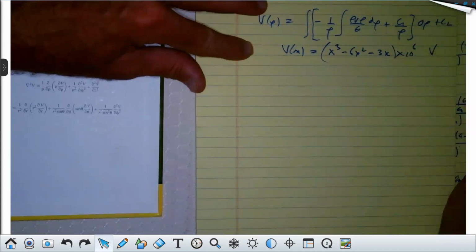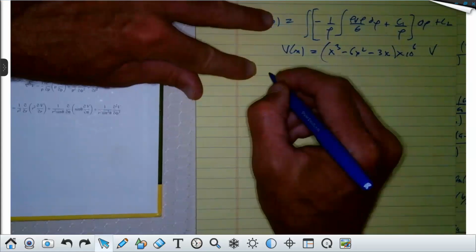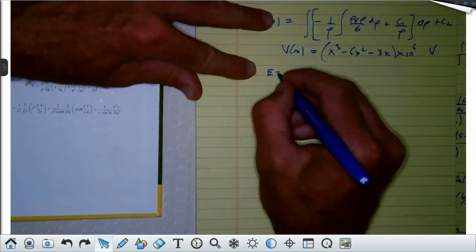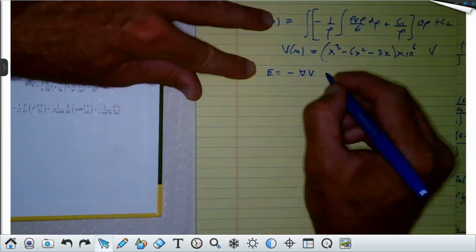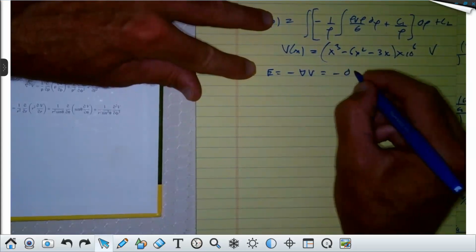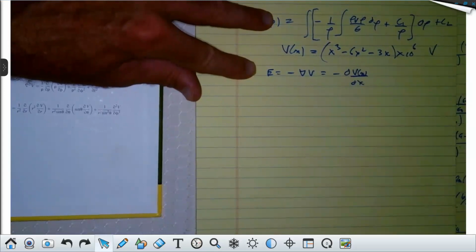This is problem 3 that I've assigned. To get the electric field, I know that E is equal to minus the gradient of V, right? We're in Cartesian coordinates, so that means it's minus the dV of x dx. Does everybody agree with that? Y'all hear me okay on this one?